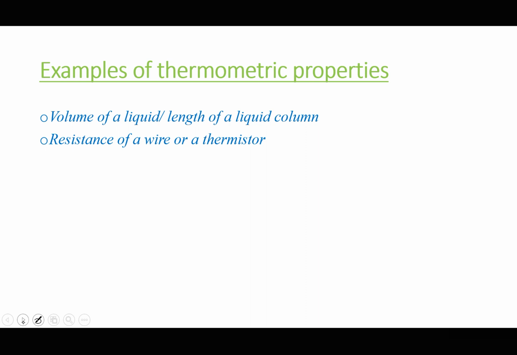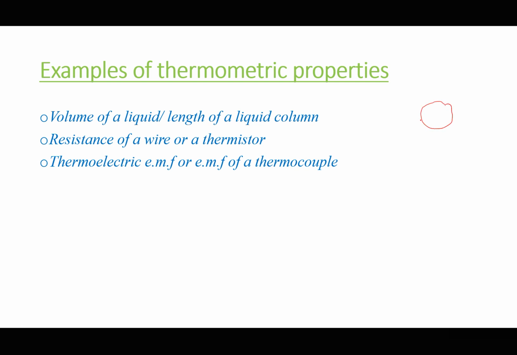Number three, we can talk about the EMF of a thermocouple. The EMF of a thermocouple can also be considered to be a thermometric property. For those of us who studied IGCSE, you remember for a thermocouple you needed a sensitive meter and two wires of different materials joined together to form two junctions. So somewhere here you could have a microvoltmeter. One junction is kept at a certain temperature.